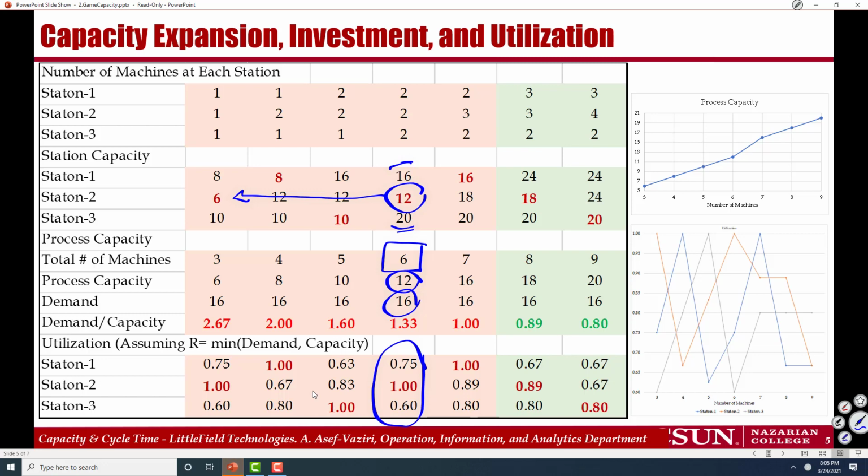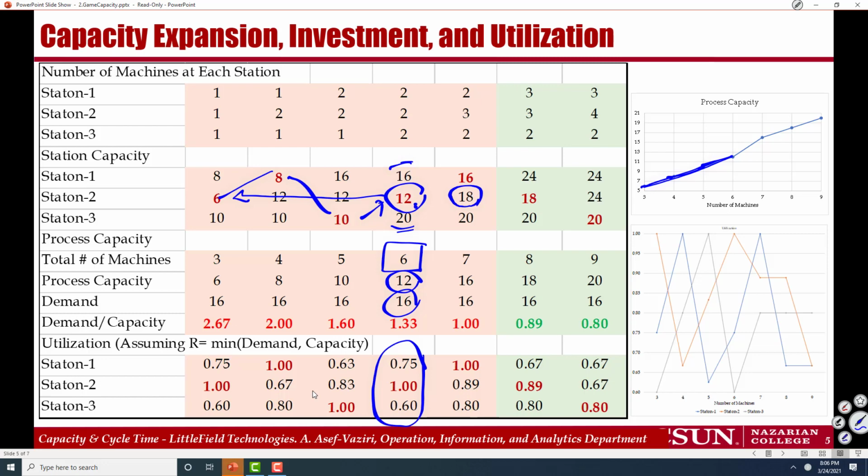And as you can see, when we increase the number of machines from 3 to 4, from 4 to 5, from 5 to 6, each time 2 units is added to the capacity. And now the bottleneck is station 2.